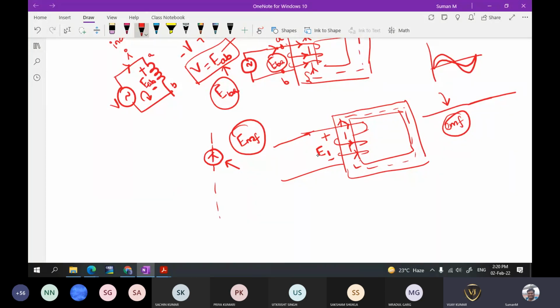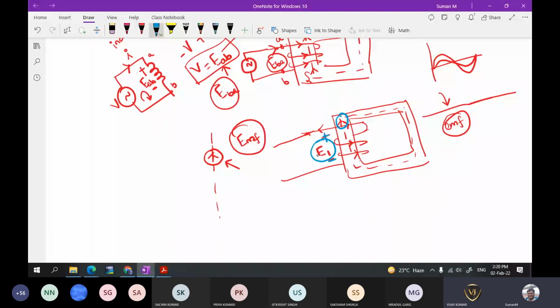That current will be in the opposite direction. Only if it supplies current in the opposite direction will it oppose the cause. What is the cause for that induced EMF? The cause for that induced EMF is this flux. This flux is inducing some EMF in this polarity, which is like this.